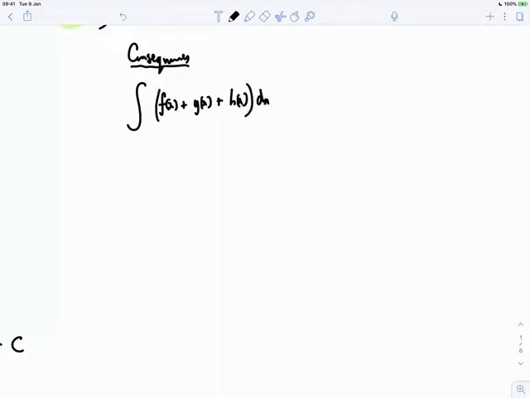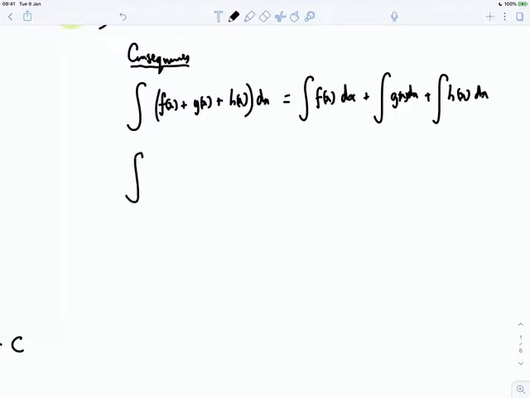Let's say I've got multiple functions in there. That is the same as if I integrated one of them, plus if I integrated the second one, plus if I integrated the third one. Okay, so just like differentiation, it's a linear operator, I can separate the integrals.